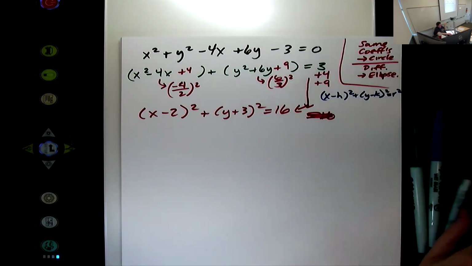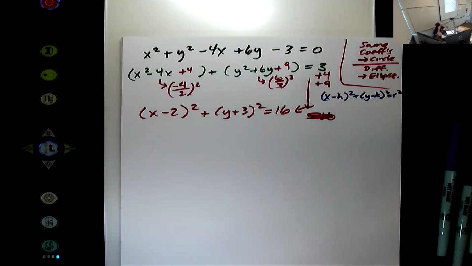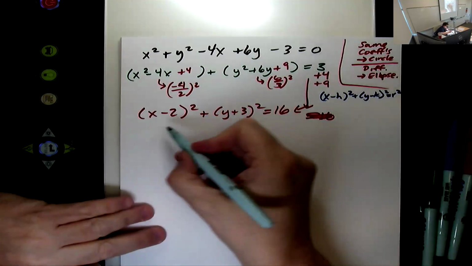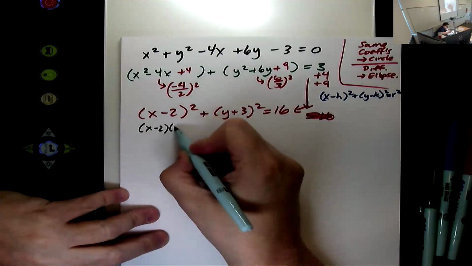Now, let's just make sure that we got the right thing. Going along with what he said, let's make sure we did the right steps. We can always multiply this out and make sure we got what we started with.